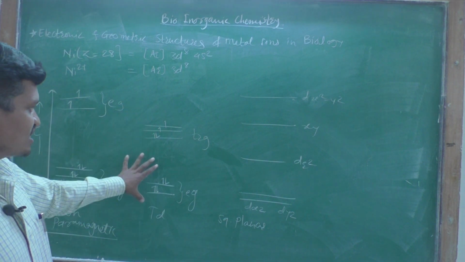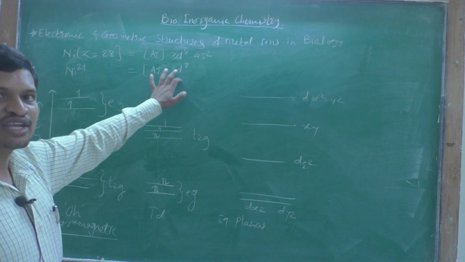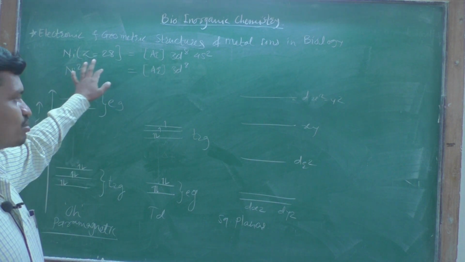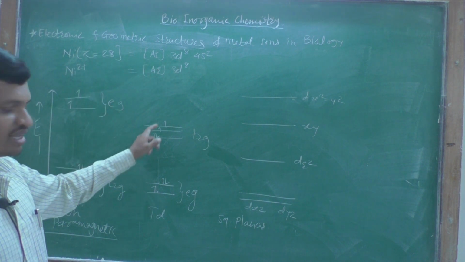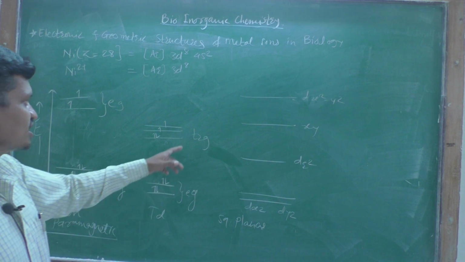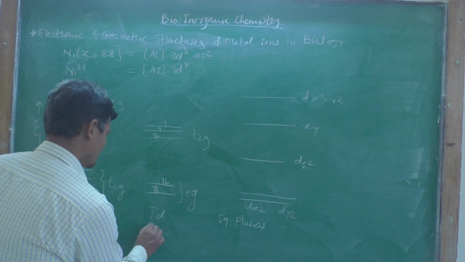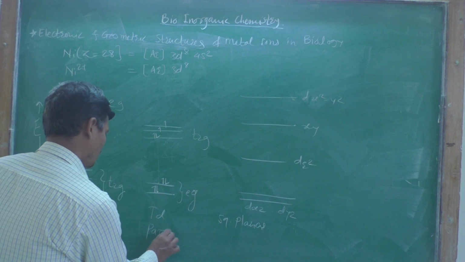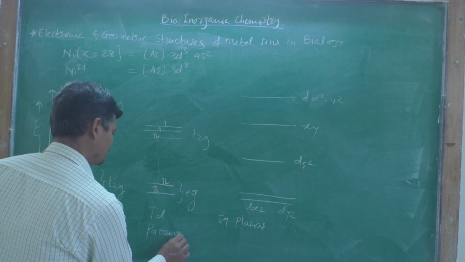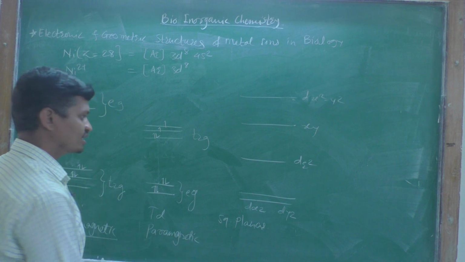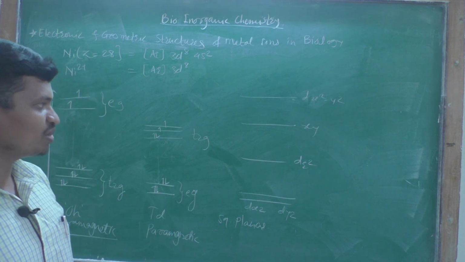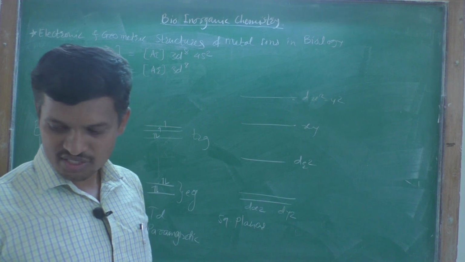This is the case of the d8 configuration of the nickel 2+ metal cation. Again there are two unpaired electrons present in the t2g set of d orbitals. Again we can say that this system is also paramagnetic in nature.